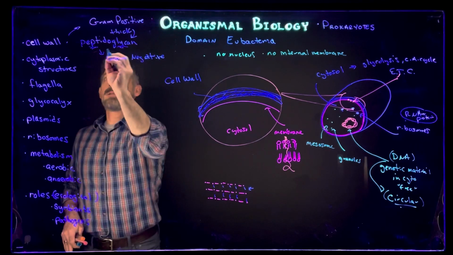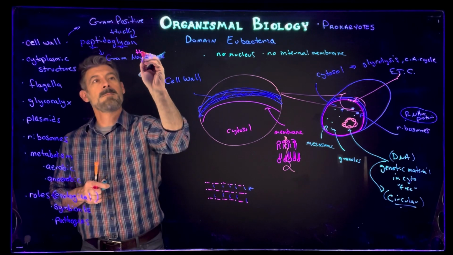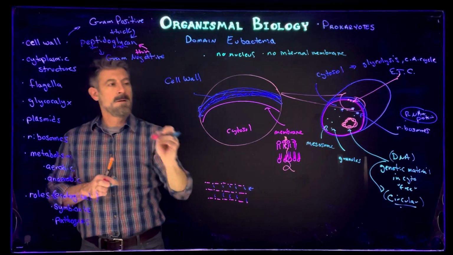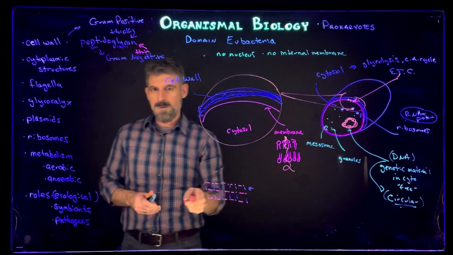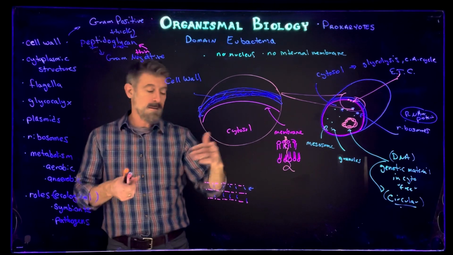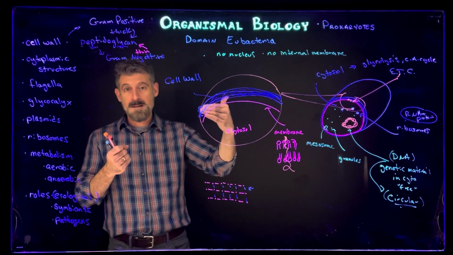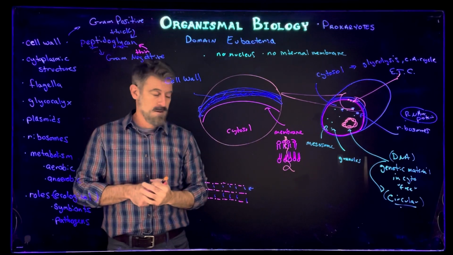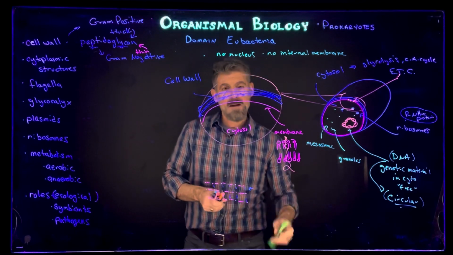And for them, this peptidoglycan structure is very thin. So instead of being a really thick structure, it's a really thin structure with only a few layers of the sugars. And they have other things that go beyond that. Then they have a second phospholipid bilayer that goes outside that, and there are some other variations to this, which again is beyond our scope.